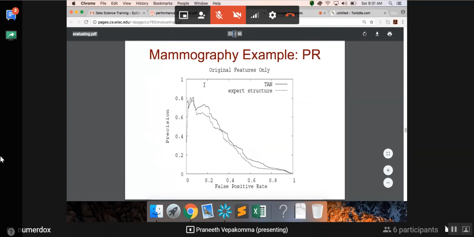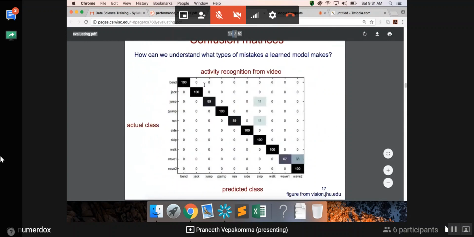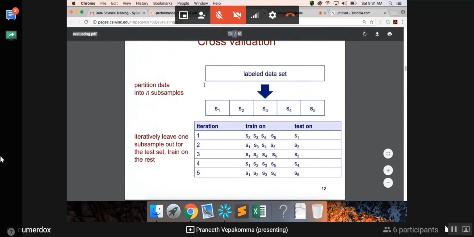So what do I mean by that? These were your folds, right? When you leave S1 aside, train on the rest and predict on S1, you get some error, which is your accuracy, but you can also get precision, recall, TPR, FPR, TP and FP and everything for just this prediction. You can compute the entire confusion matrix.